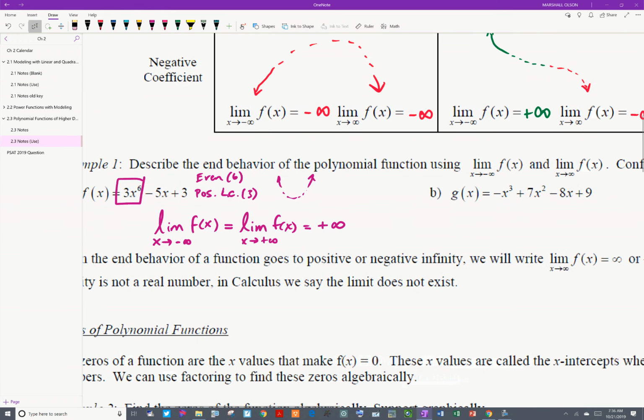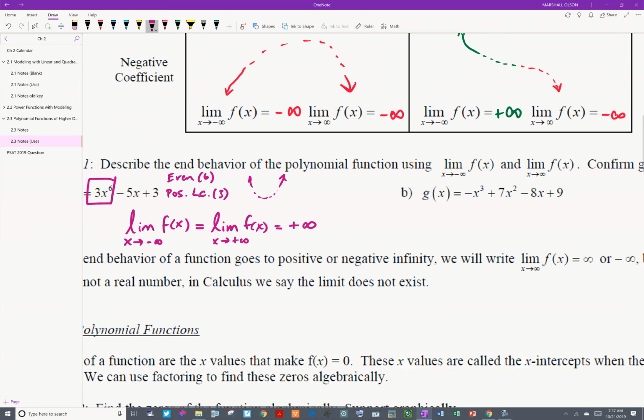I know this year a lot we've been doing this as one limit. If they equal the same thing, we would have written it something like this. I'm going to erase this in a second. But you're not going to see this very often from our textbook where they put both in the same. They'll do it using this kind of format right there, so I'm going to do the same thing here.